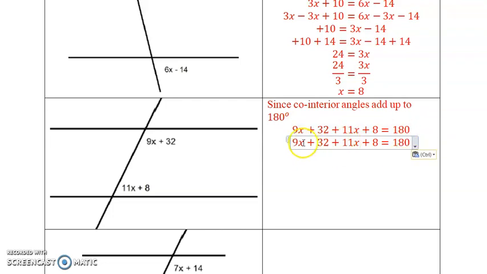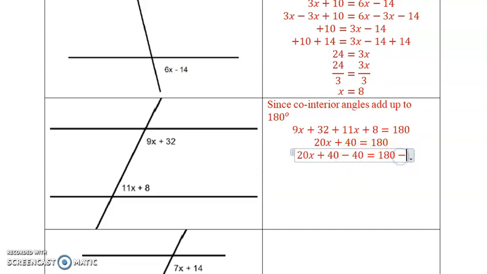And now we'll combine like terms. The 9x and 11x come together and give you 20x. The 8 and 32 come together and give us 40. I'll subtract the 40 from both sides.